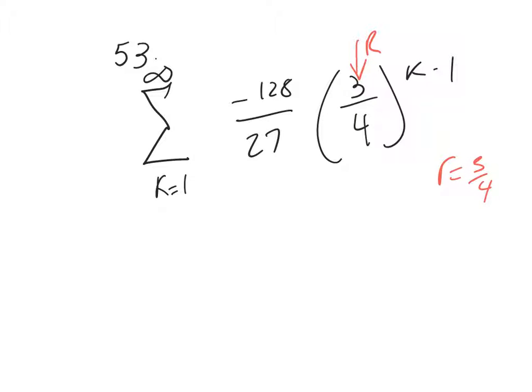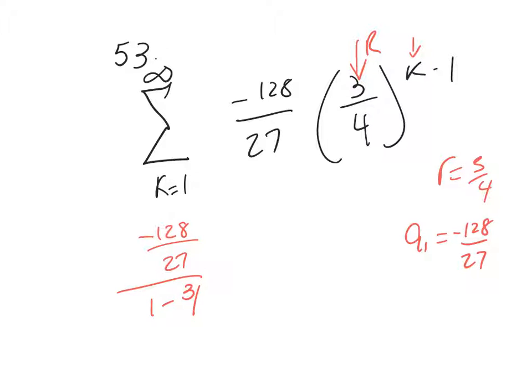When we put a 1 in here, 1 minus 1 is 0. 3/4 to the 0 is 1. So A1 is negative 128 over 27. So we have the formula. It's A1, negative 128 over 27, over 1 minus R, which is 3/4.